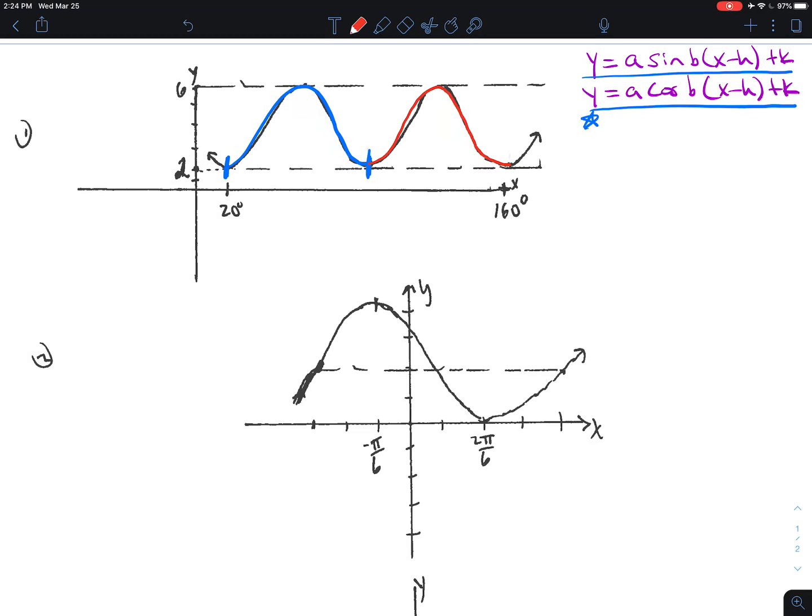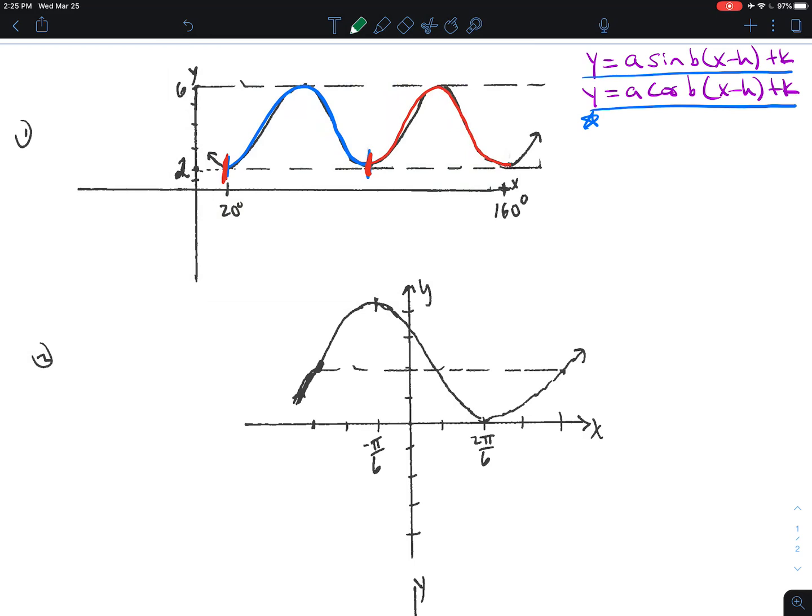And they also have the same vertical shift, if I didn't already say that.